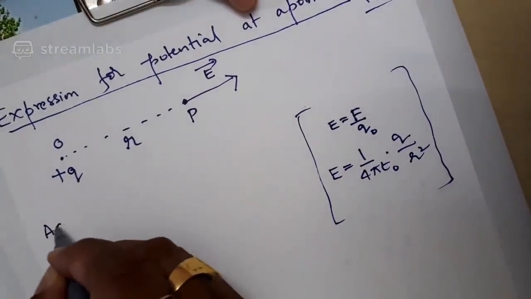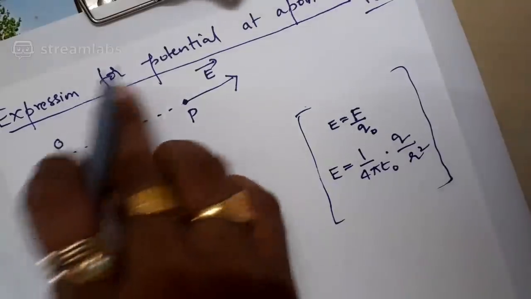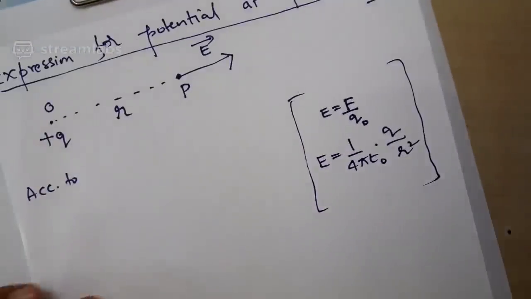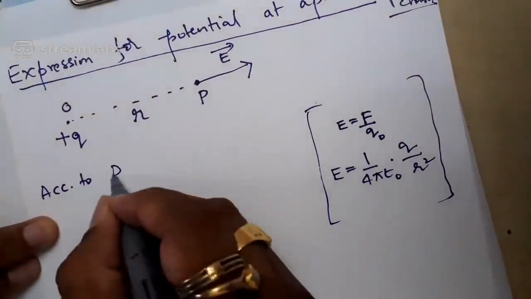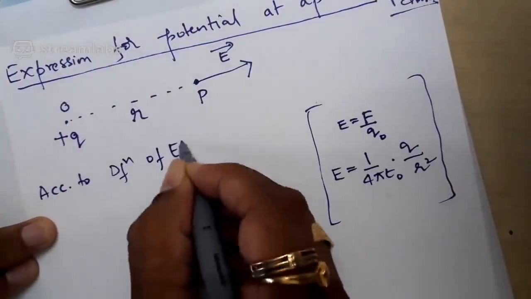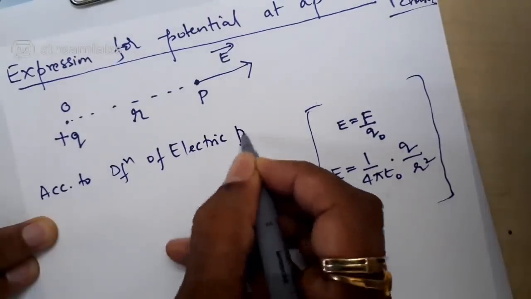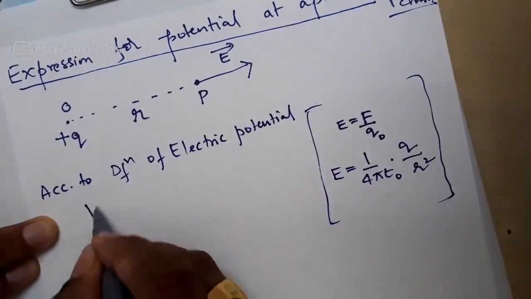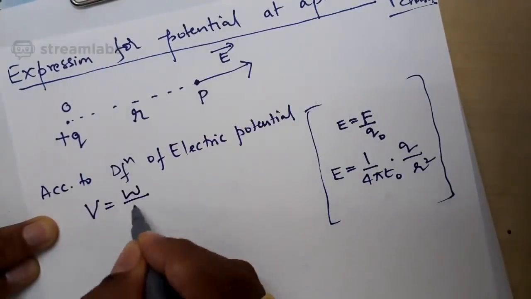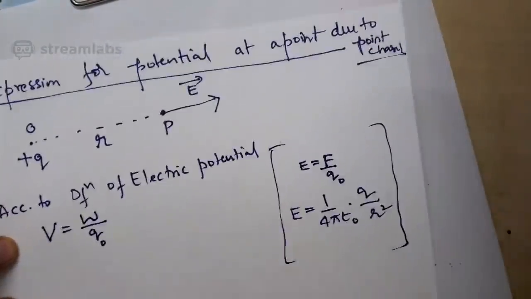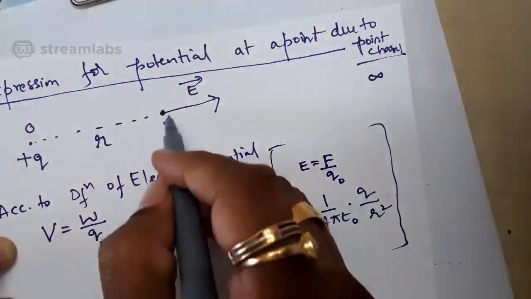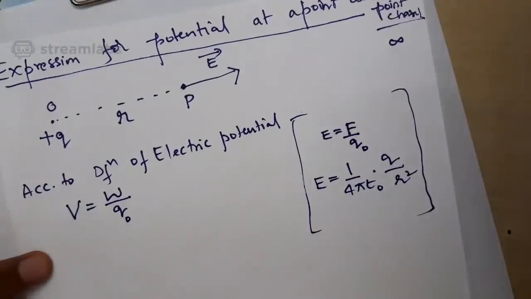If I follow the definition of potential, because my aim is to derive an expression for potential at a point P due to a plus Q charge, due to a point charge. According to the definition, electric potential at a point is defined as work done in moving a unit positive charge from infinity to the point under consideration against the electric field.